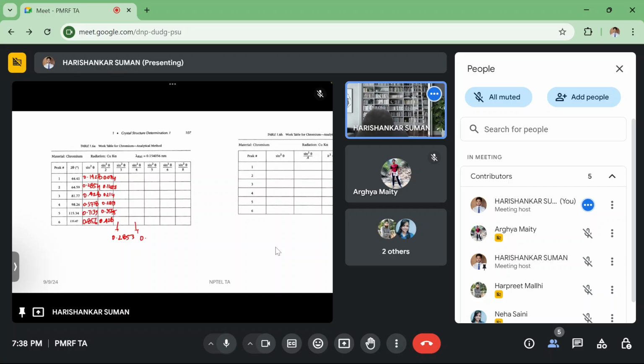This is 2, 4, this will be 7, 2, 6, 6. This will be 4 to 6.